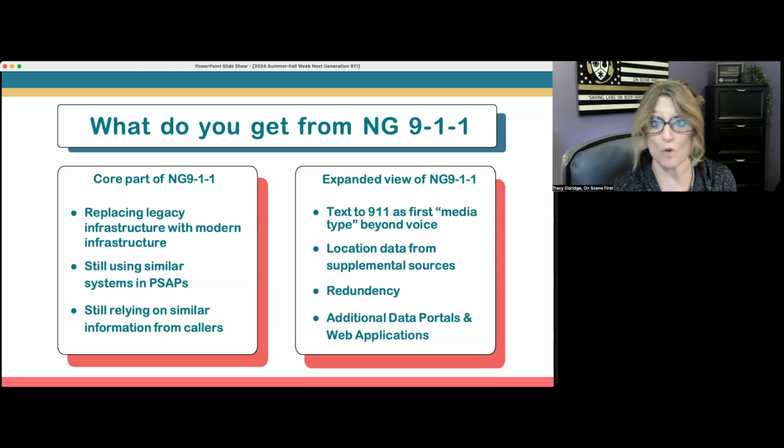If my system goes down, I should be able to just pick up and go to my neighbor's house and be able to use their system. And then the additional data portals and any type of web applications, which we are seeing in the Rapid SOS portal, the Prepared Live, etc. These are tools that are allowing next generation pieces to come in. Do we want them all in the same place? Yes. Is that going to happen? Not for a long time, if ever.